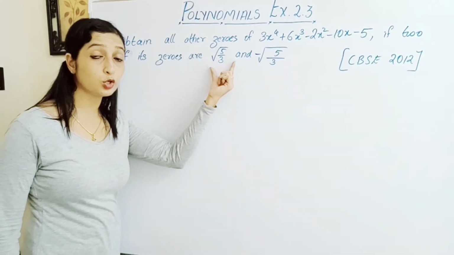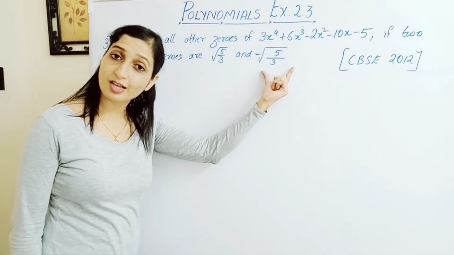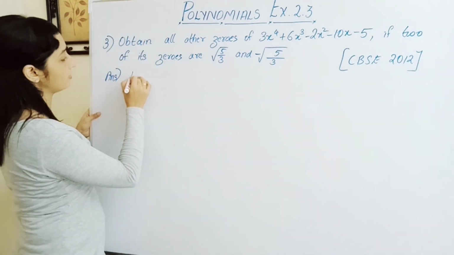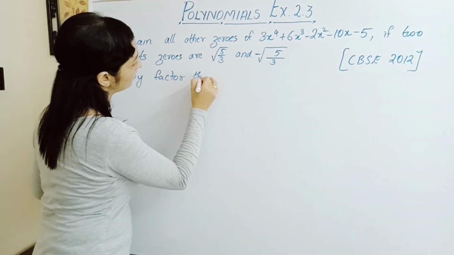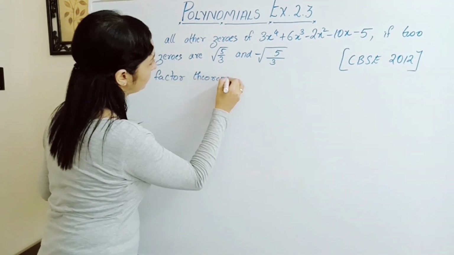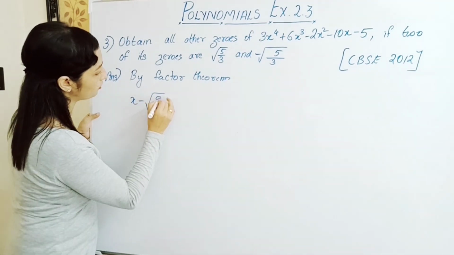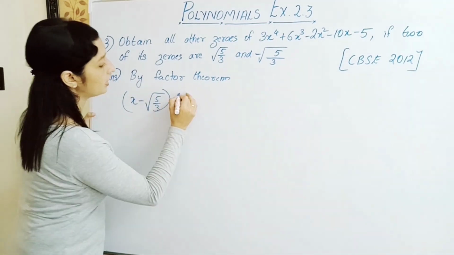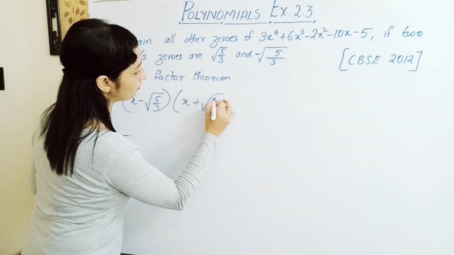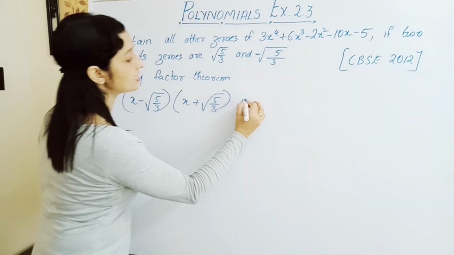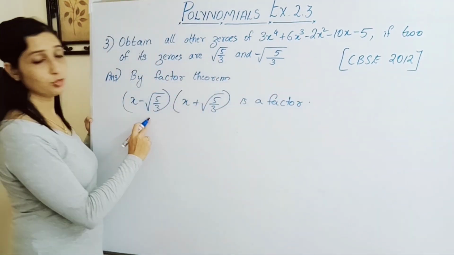Now it is given that root of 5 by 3 and minus root of 5 by 3 are zeros. So by the factor theorem, how can you write? X minus root 5 by 3 into x plus root 5 by 3 is a factor. Now, how can you simplify this?